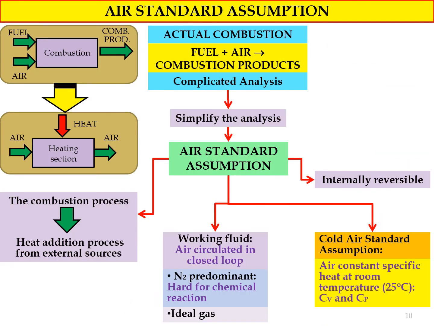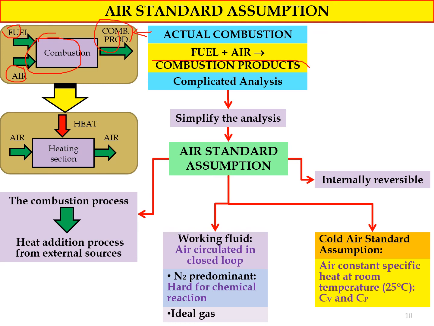Air standard assumption. I already explained the air standard assumption in the previous chapter, so in this chapter we just review it again. From the actual combustion, as in this figure, we have a fuel plus air mixture that goes into the combustion chamber, and the output is the combustion products.